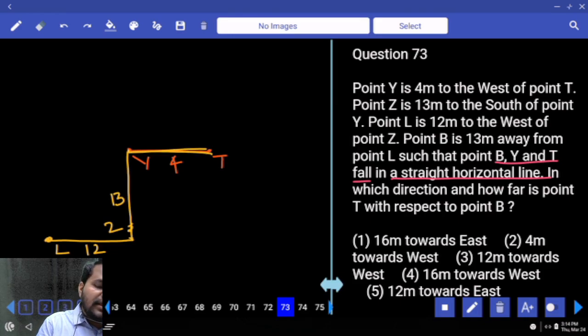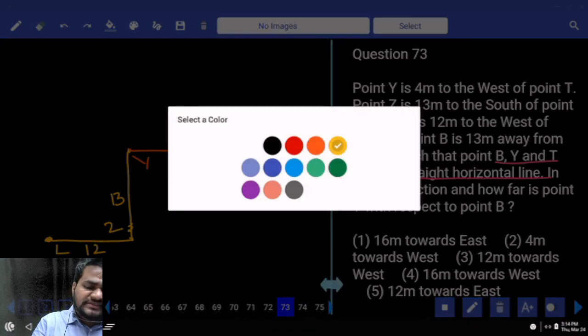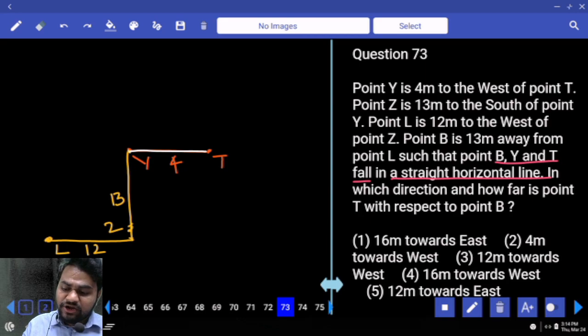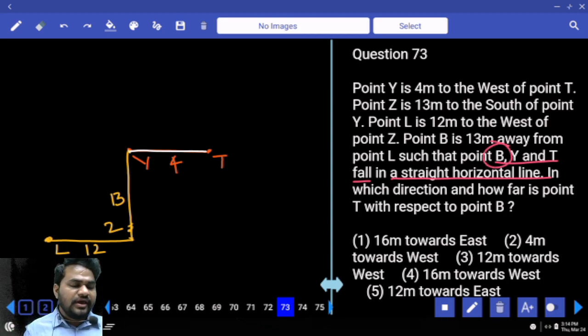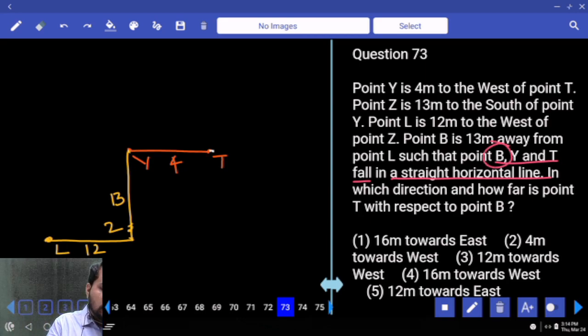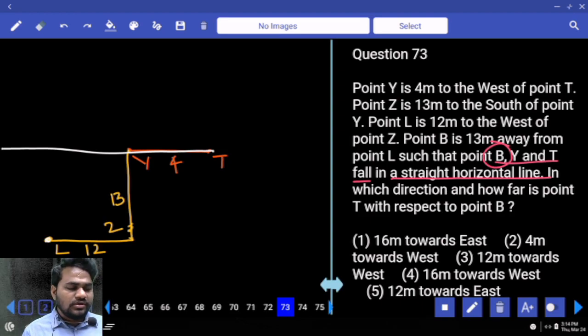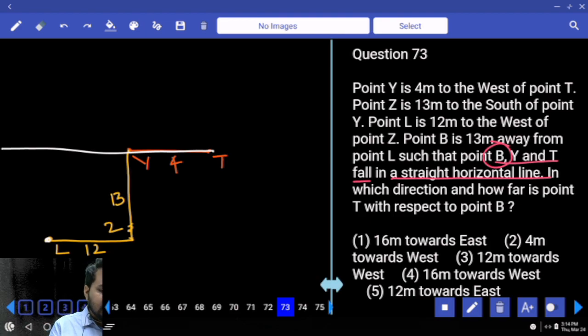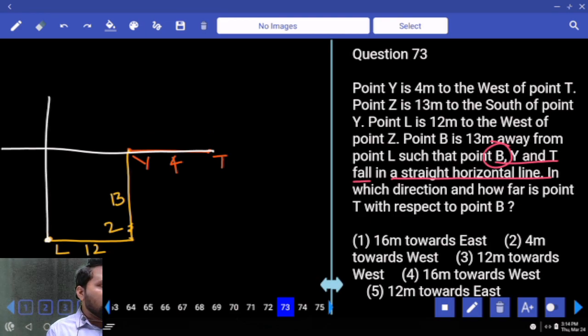Already Y and T are in a horizontal line. In the same horizontal line we need to have B also. That means we need to extend this line. At the same time, with respect to L, B is 13 meters away. So in the same line we need to form it.